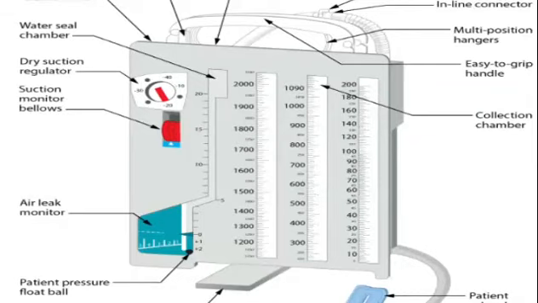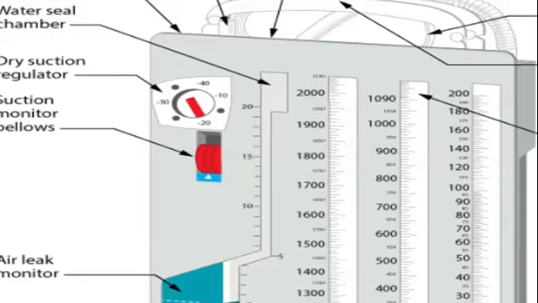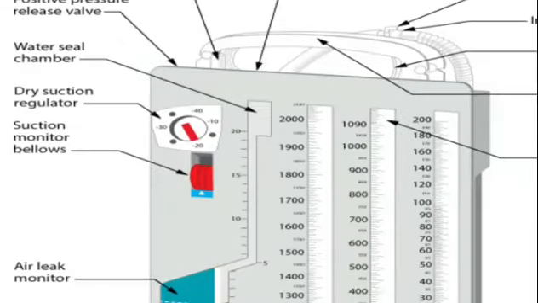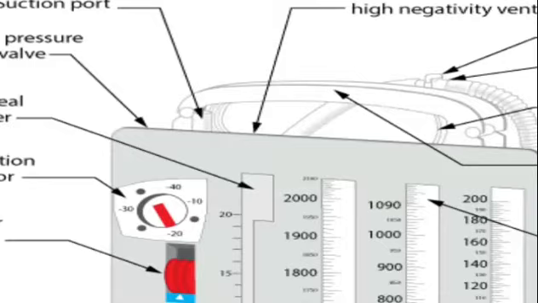The company will provide a set of clamp, tubing, as well as the water seal, the pressure gauge and the collection chamber. Here is the suction port. You can connect it to the suction if the doctor advises. There is a valve or regulator if you want to connect to the suction tube. There is a water seal here. You can see the water seal chamber, which is around 20 ml.